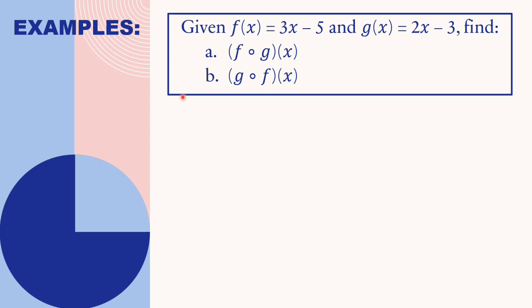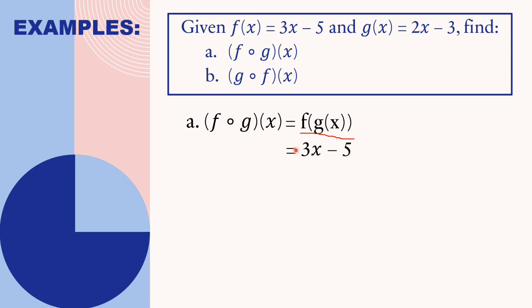Okay, let's have examples. Given f of x is equal to 3x minus 5 and g of x is equal to 2x minus 3. Find letter A, f composed of g of x, letter B, g composed of f of x. So for letter A, we have f composed of g of x. So this is equal to f of g of x. So next, we are going to write the function f, okay?